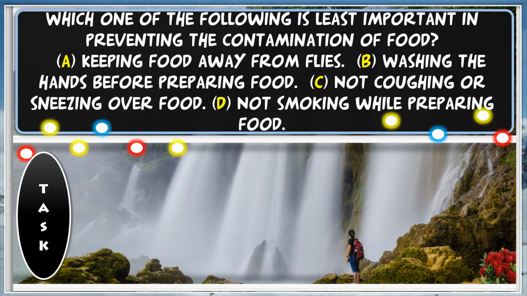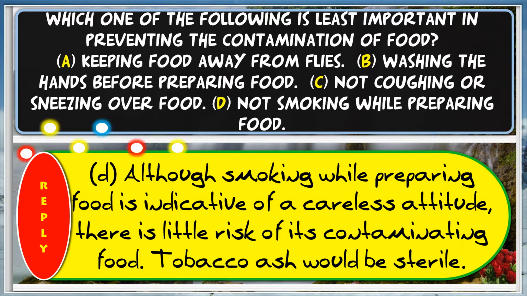D. Not smoking while preparing food. It's part D. Although smoking while preparing food is indicative of careless attitude, there is little risk of its contaminating food. Tobacco ash would be sterile.